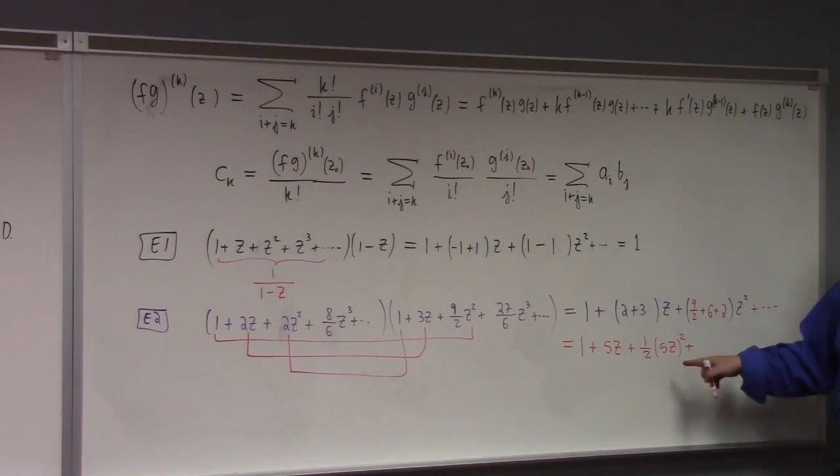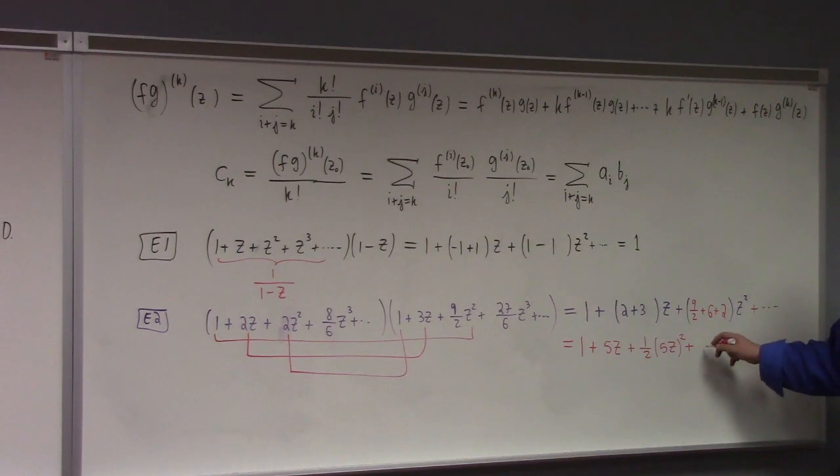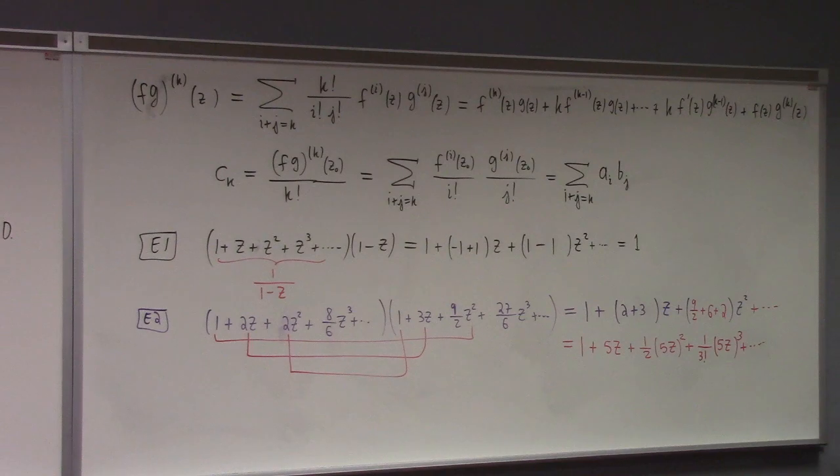So, as advertised. What's the next thing I haven't written? Do you guys recognize my third term? I take your 3 and I raise you a factorial. 1 over 3 factorial times what? 5z cubed. See, I meant those things. You meant those things. Very good.